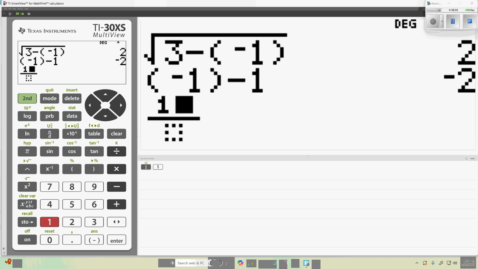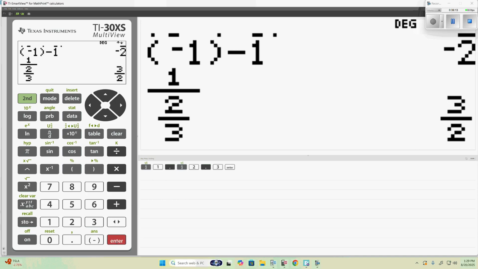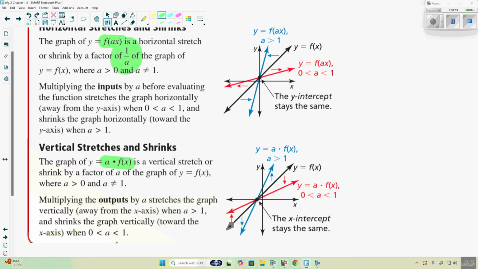Now if I said 1 over 2/3, if we flip 2/3, it becomes 3/2. We flip the top and bottom. 1 over 2/3 is indeed 3/2. That's why horizontal stretch and shrink can be tricky. Okay, so we'll stop there.